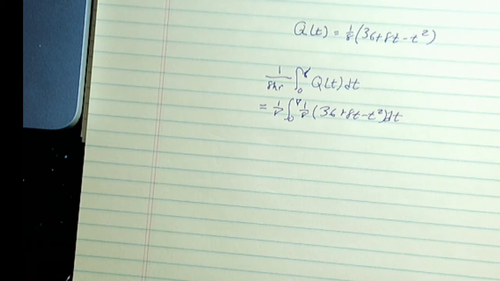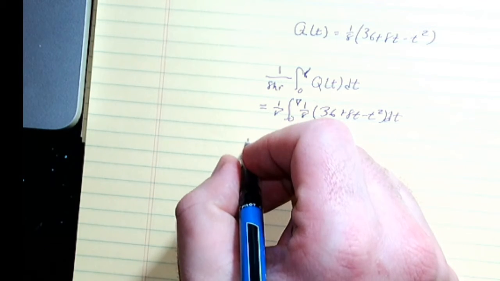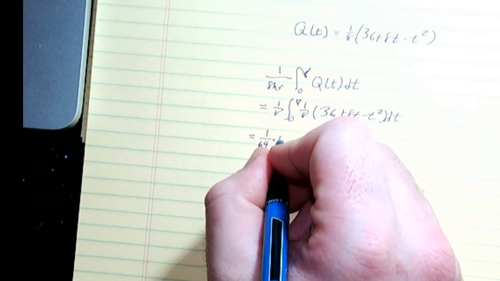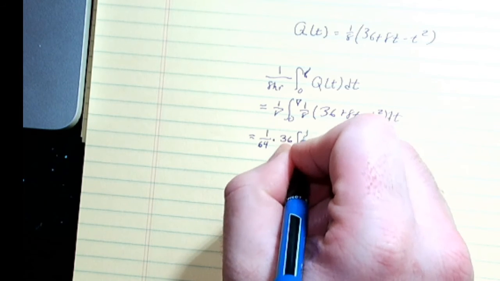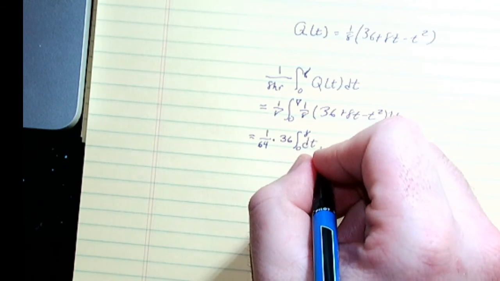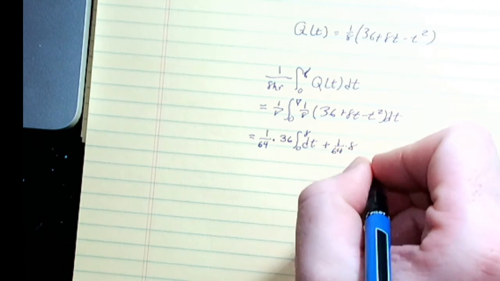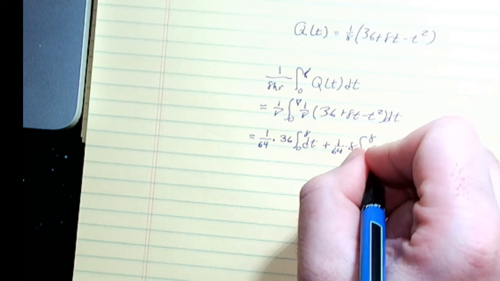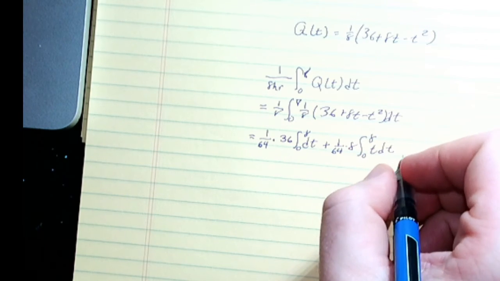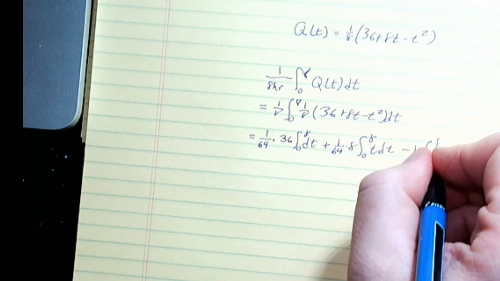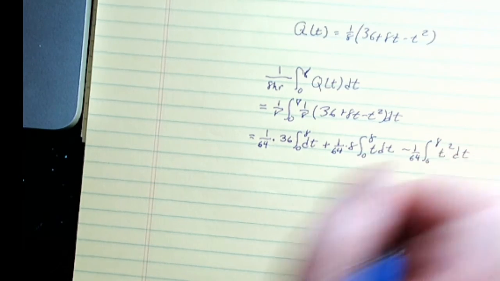And now we're going to use the nice properties of integrals: you can pull constants out of the integral and you can split them at sums and differences to write this very simply as 1/64 times 36 times the integral from 0 to 8 dt, plus 1/64 times 8 times the integral from 0 to 8 t dt, minus 1/64 times the integral from 0 to 8 t squared dt.